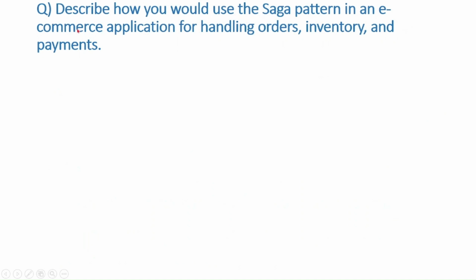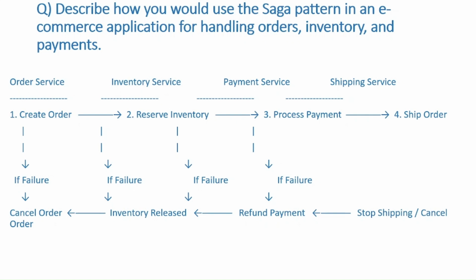Next question is, describe how you would use the Saga pattern in an e-commerce application for handling orders, inventory, and payment. So this is the diagram. Here we have four services: order, inventory, payment, and shipping. So first we have the create order. If it is successful, then you go into the inventory service and execute the reserve inventory.